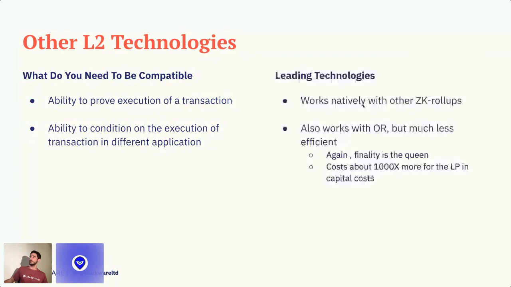And if we look at the leading technologies that we have today for layer 2, then these requirements work pretty natively with other ZK rollups, because the state structure and the cryptographic primitives that are being used are quite efficient in both cases. It can also work with optimistic rollups, but there it is much less efficient.